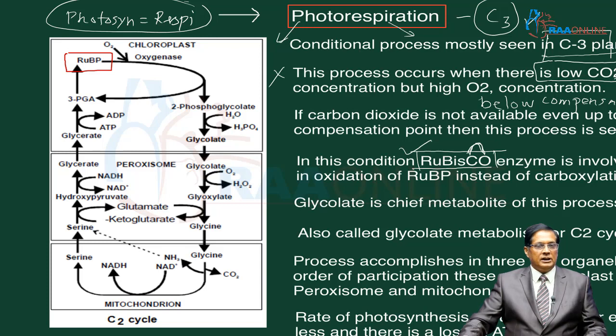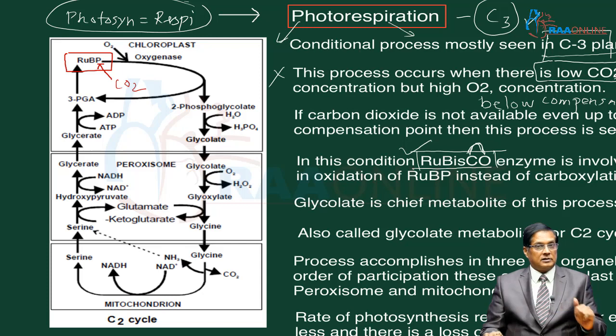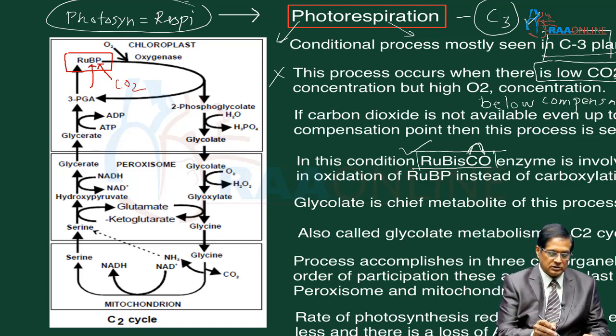If CO2 is sufficient, that is at compensation point or above the compensation point, then RUBP prefers carboxylation. If carbon dioxide is below compensation point, in that case RUBP undergoes oxidation by using oxygen.